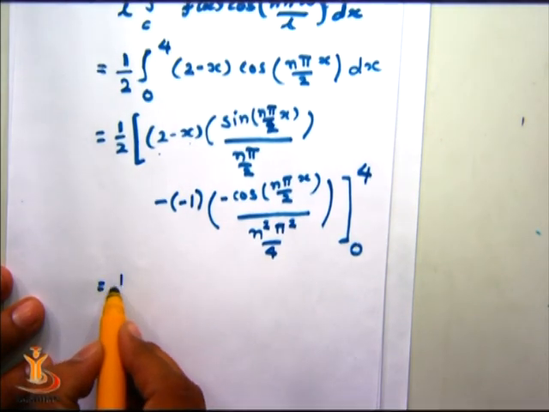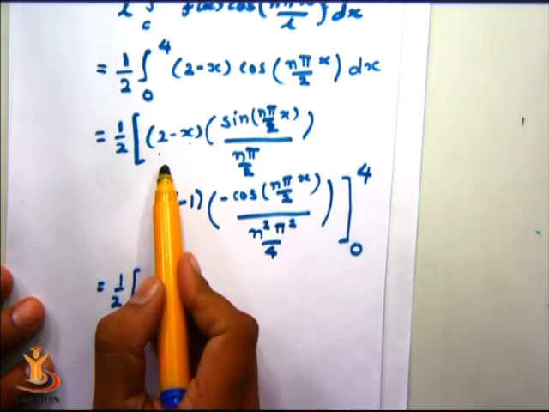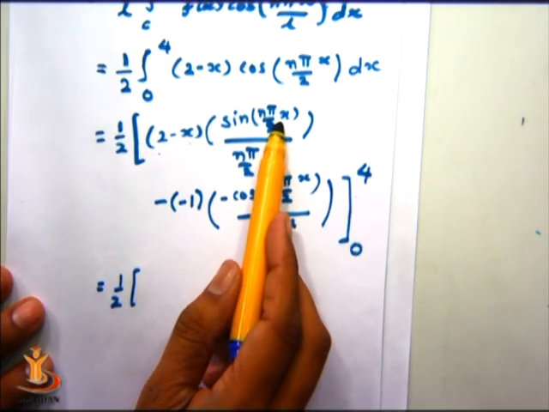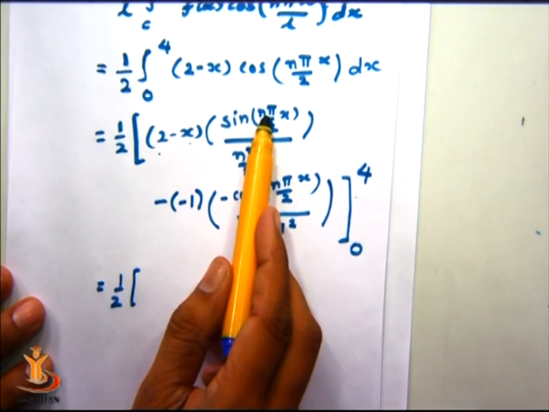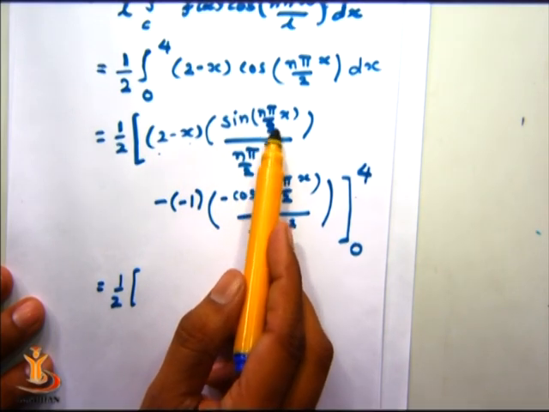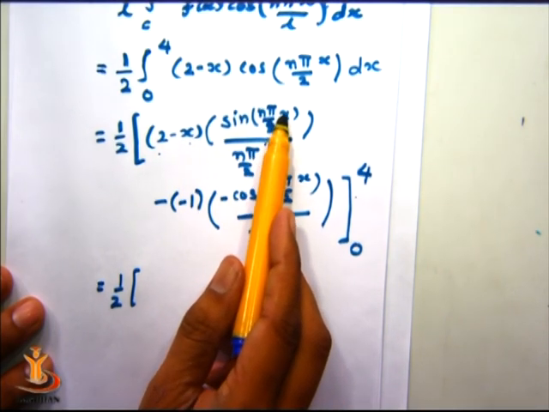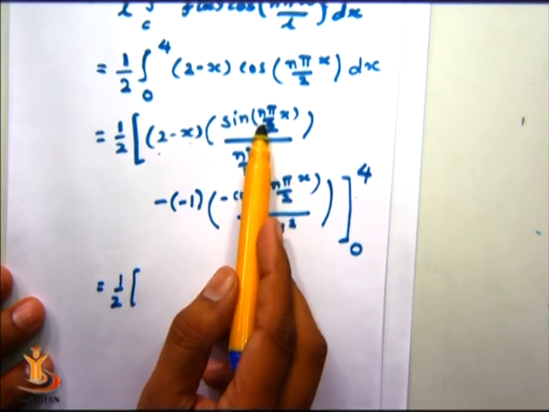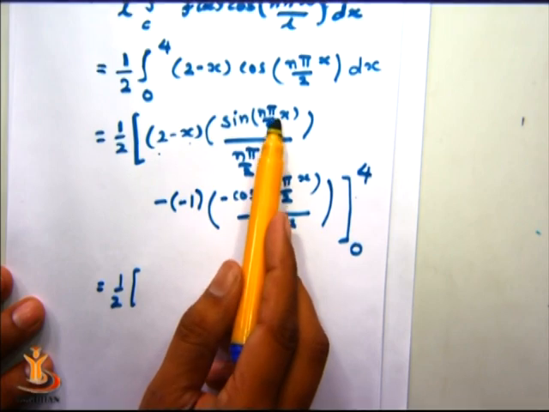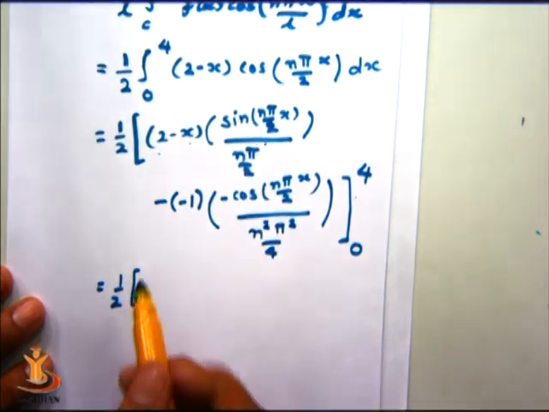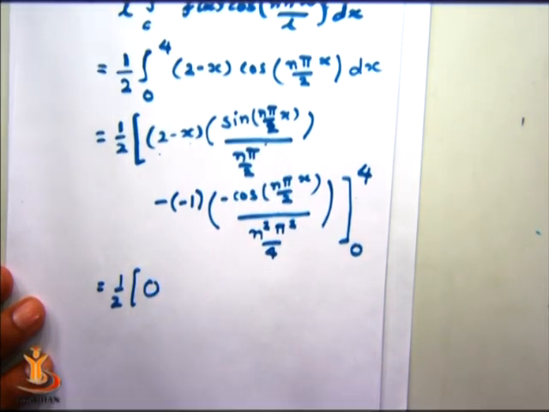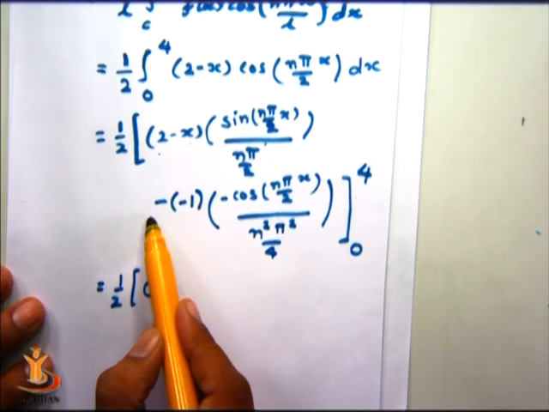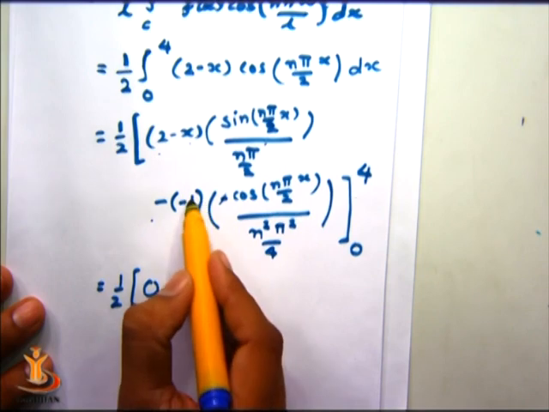Put x equal to 4 and x equal to 0. For the first function, that is 2 minus x, for x equal to 4, n pi into 4 by 2, so we get n pi into 2, that is 2n pi. And we know that the value of sine 2n pi is 0. So the first term is 0. Now for the second term, minus, minus and minus, so we can also cancel this 2 minus.